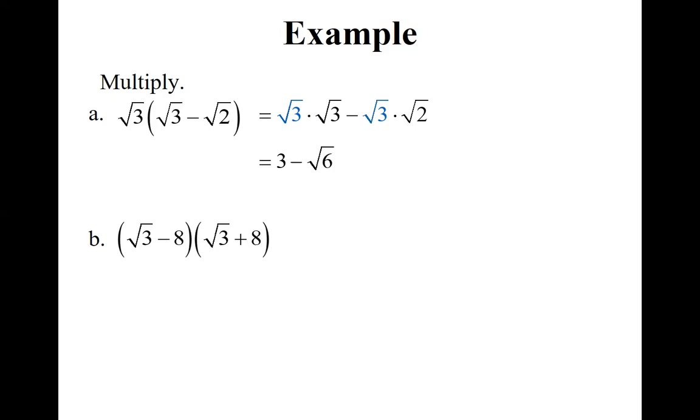B, radical 3 minus 8 times radical 3 plus 8. When we have binomial times binomial, we have to FOIL. But radical 3 times radical 3 is 3. So we're opening up a new avenue for simplification.